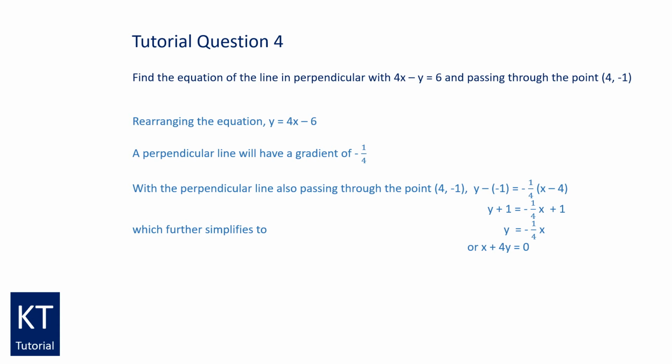Knowing that the product of gradients for two perpendicular lines is minus 1, the perpendicular line will have a gradient of minus 1 over 4. With the perpendicular line also passing through the point (4, -1), we could use the formula y minus y1 equals m times (x minus x1) to get to our required equation.